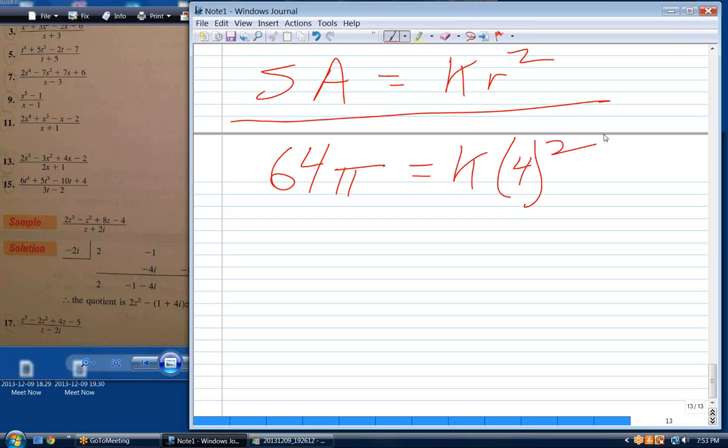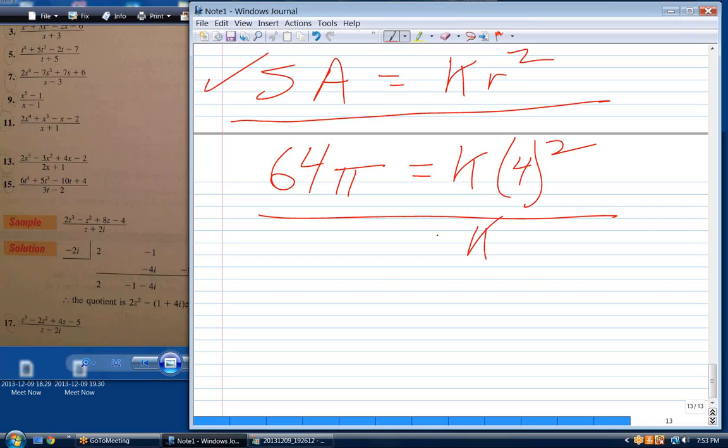Well, all of these problems, the first step is always to solve for k. Always. In other words, always set up the general formula, plug in the variables they give you. In other words, they give you surface area given a radius of 4. This is going to allow you to solve for k.